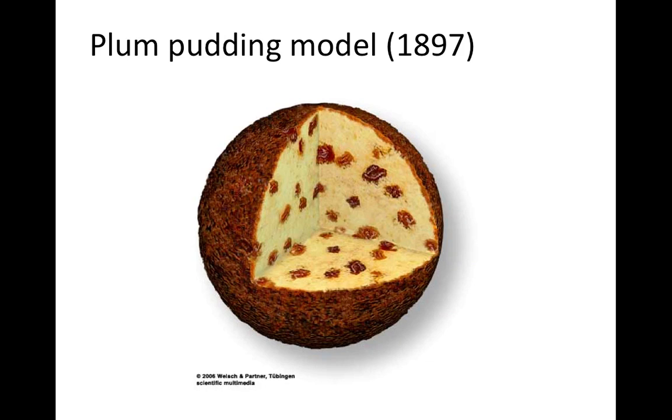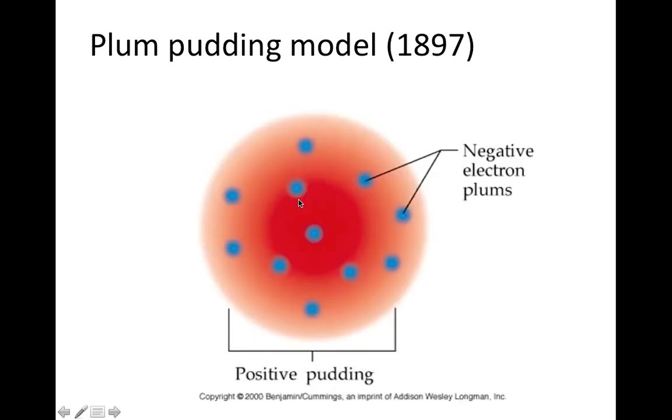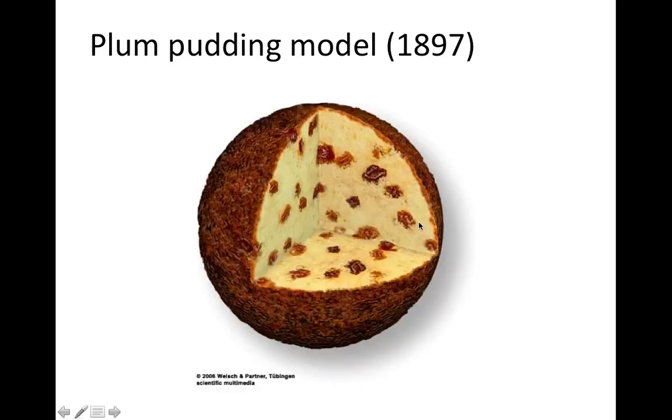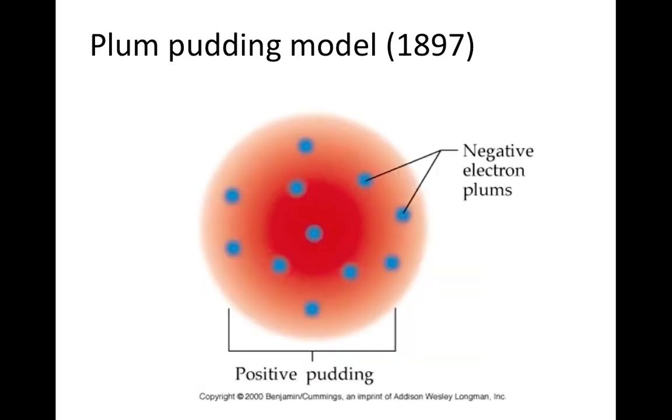So plum pudding is a particular type of cakey dessert, a bready dessert, into which are baked plums. How does this apply to an atomic model? Well, Thomson's atomic model basically says you've got this cloud of positive charge. Embedded within are lots of electrons, negatively charged, which represent the plums. That's the plum pudding model.